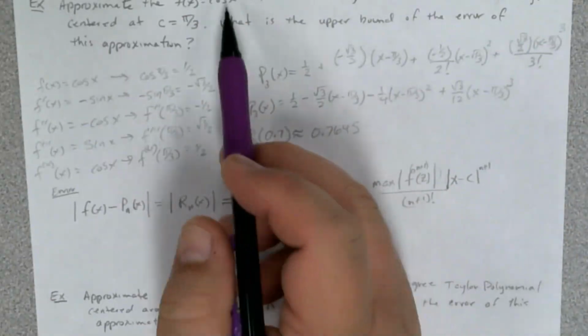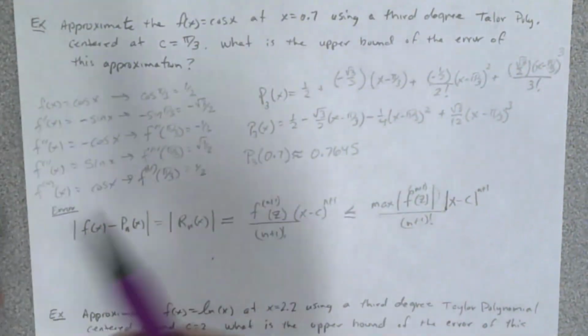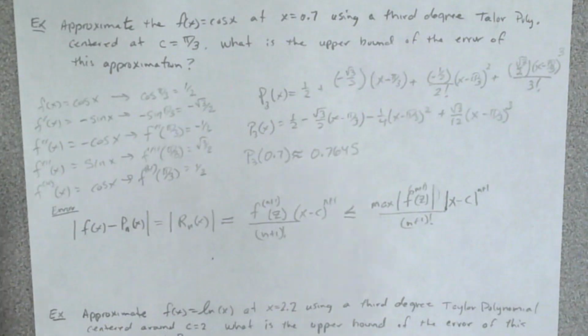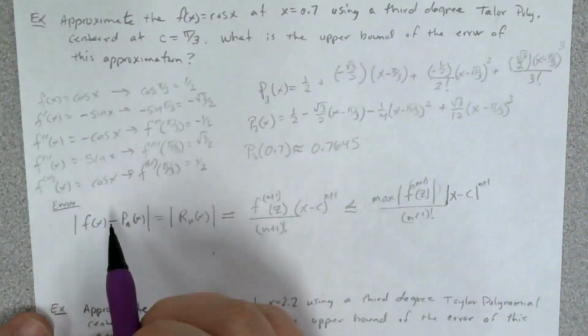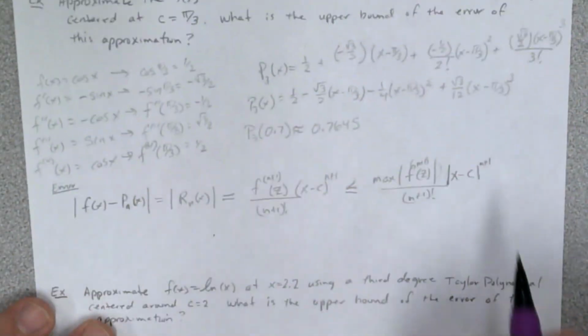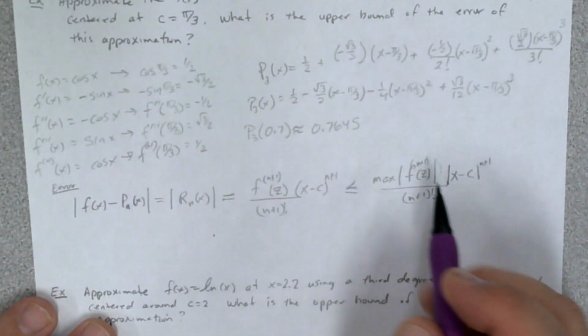Because our function has a cosine in it, it's going to use that second process where I give you a function as a sine or a cosine. So that means the max is going to be represented by a 1. Okay? Because the derivatives, no matter what, are either going to be a sine or a cosine. And so the absolute value of that is going to be 1, and that's what we're going to state right here.